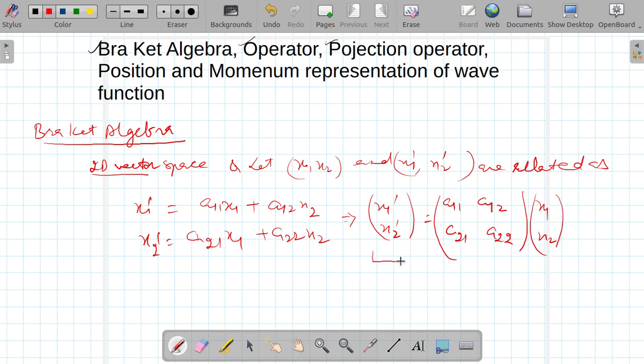And this can be written in the form of Bra and Ket notation. So in Bra and Ket notation, they can be written as ket x prime is equal to A, where A is this transformation matrix or transformation operator.